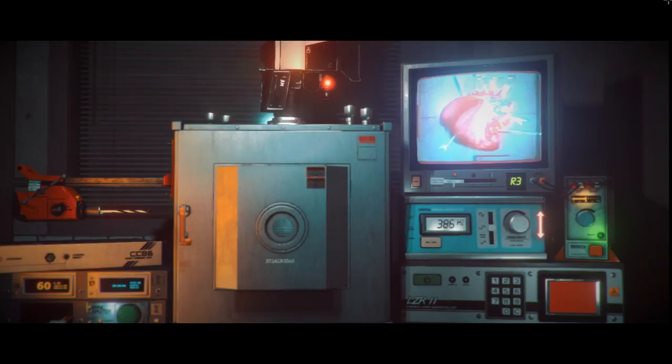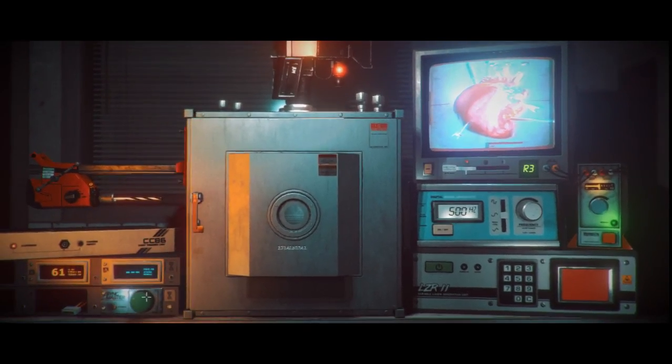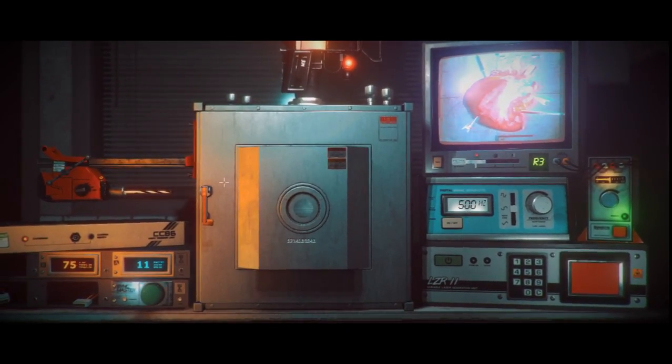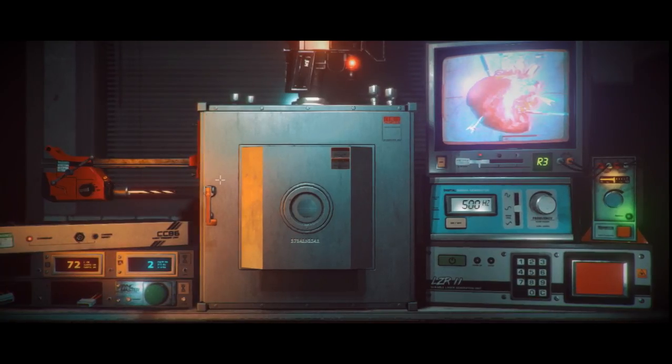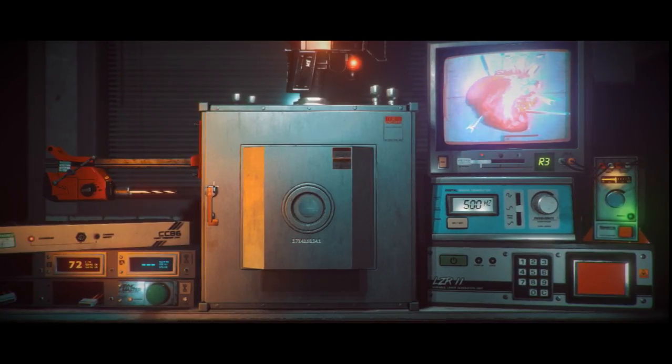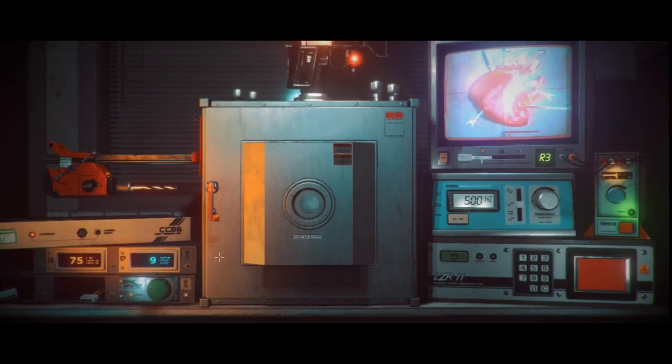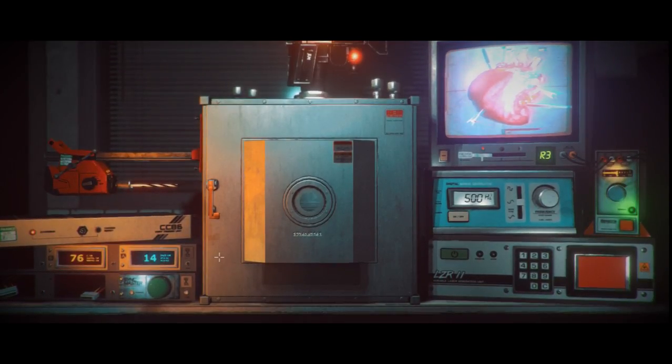Gaining power. Yes, Dr. Frankenstein. Seeing some fluctuations in activity.